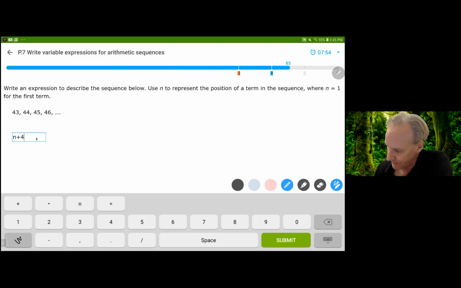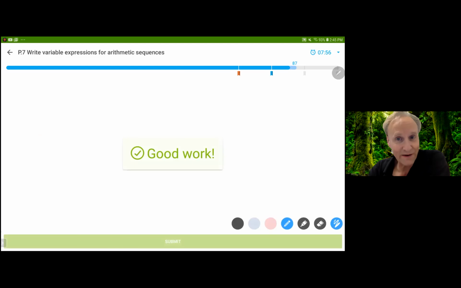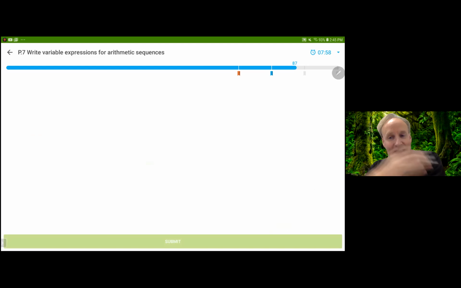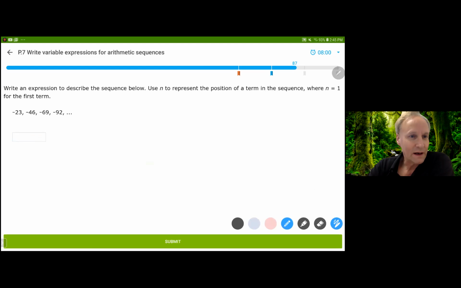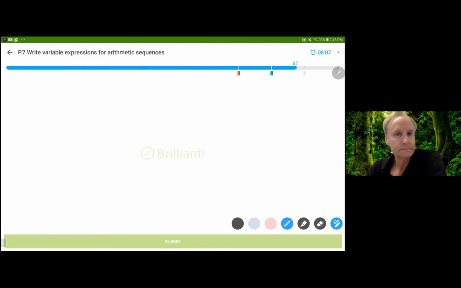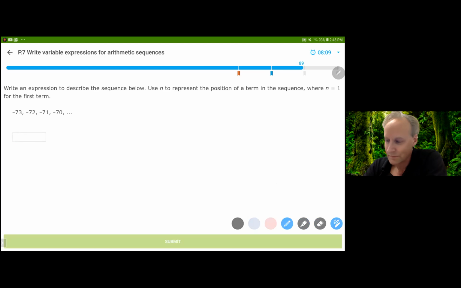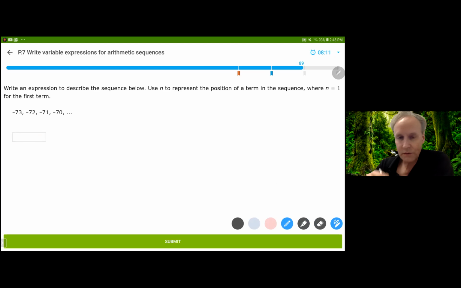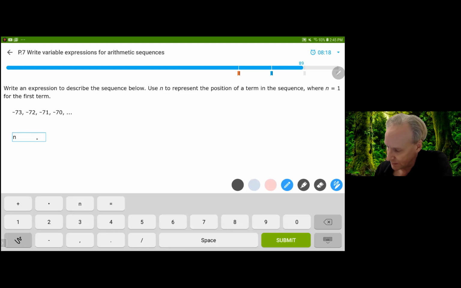Even though you don't see it, I know it's not there, but the first term is the next one, 43. This one are multiples of -23. And these are counting one ahead each time, starting at -74. So it's n minus 74.